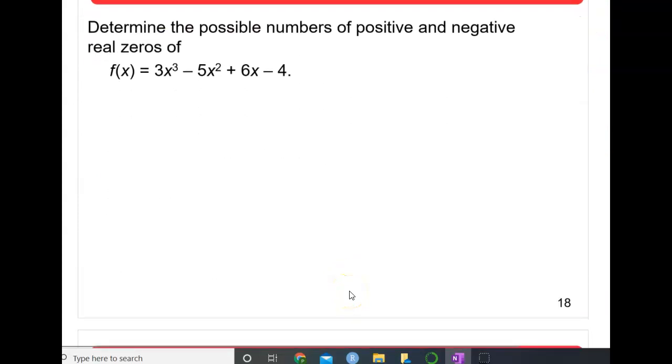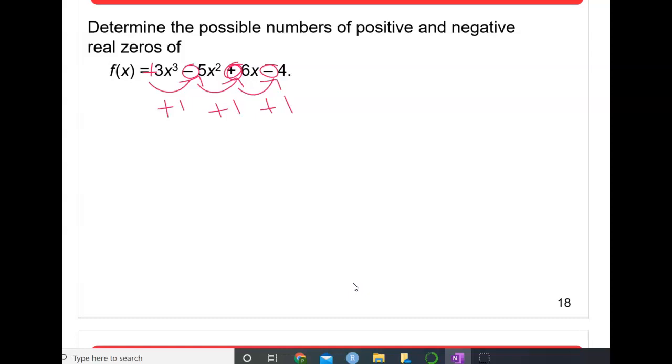Okay, so we're going to do this problem, determine the numbers of positive and negative real zeros. So first we count the sign changes. We go from positive to negative, so that's a +1. Then from negative to positive, that's another +1. And then from positive to negative, so that's another +1.